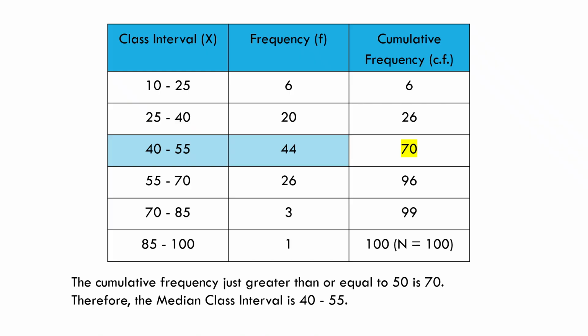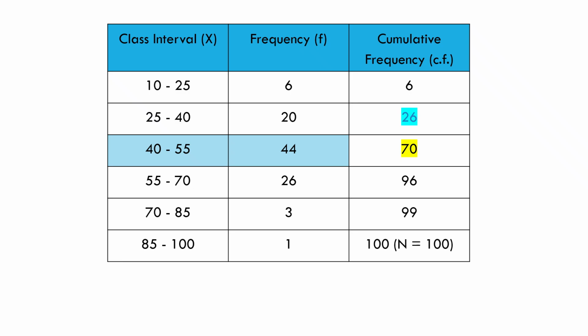The corresponding frequency, that is 44, is the f value, and we have to substitute it in the formula. L denotes the lower limit of the median class interval, that is 40, and then we have to select the cumulative frequency value, which is the one preceding the selected value. So here the cumulative frequency is 26, that is the class preceding the selected value 70.